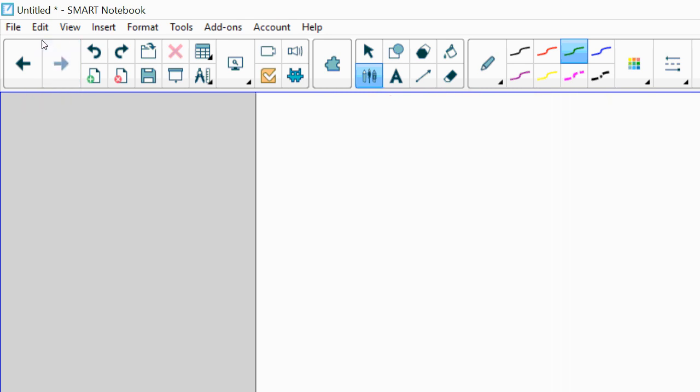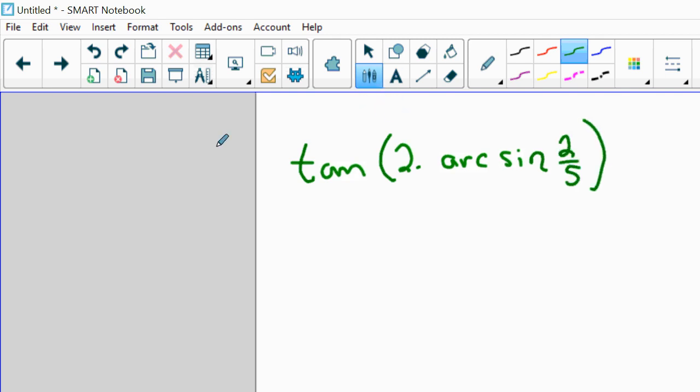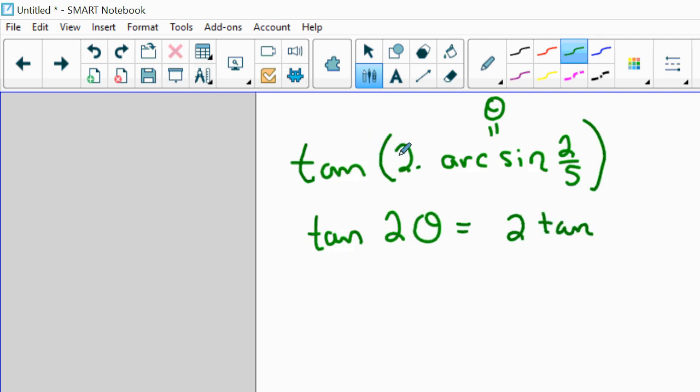Now, there's another problem. Tangent of 2 times arc sine of 2/5 is tangent of 2, call this some theta. Then you've got to memorize the identity. That's all there is to it. So it's 2 tangent theta over 1 minus tangent squared theta.